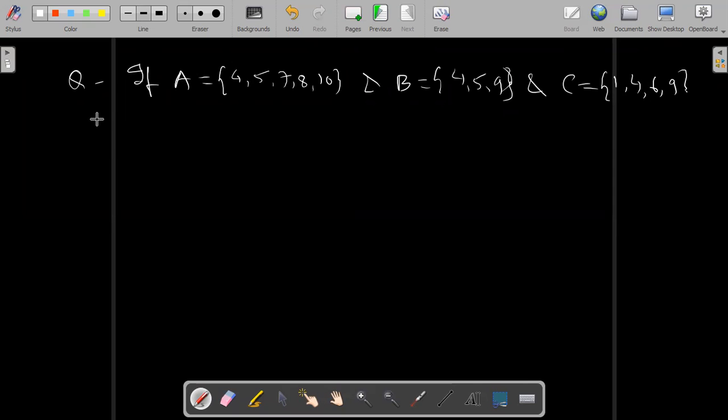Then verify. So it is very simple to verify these properties.